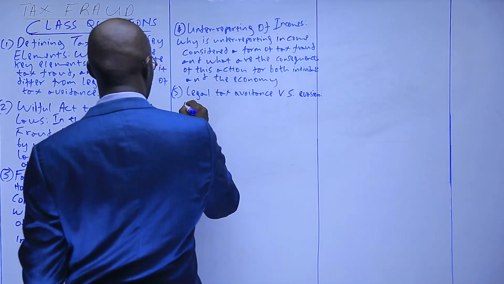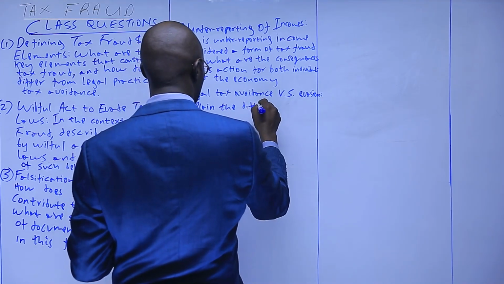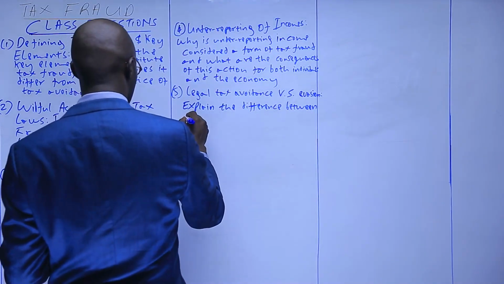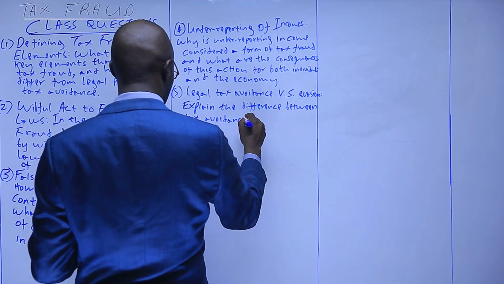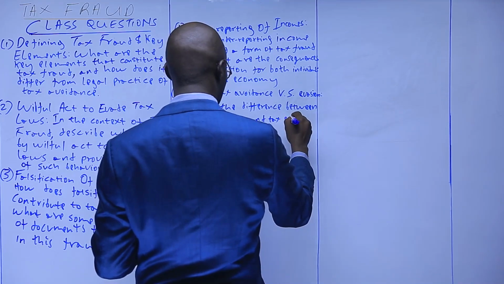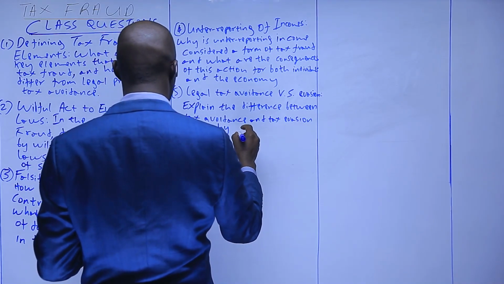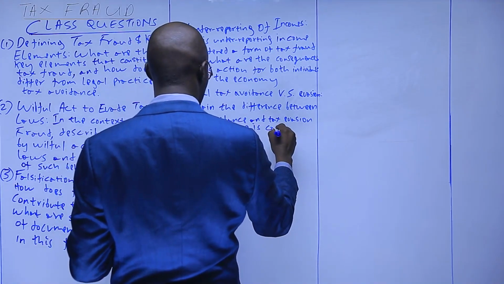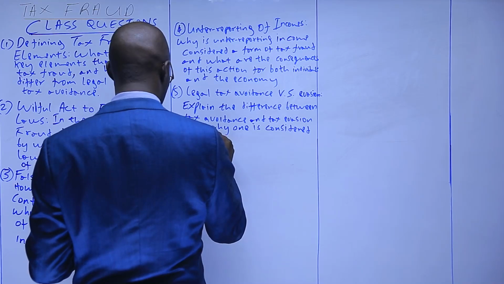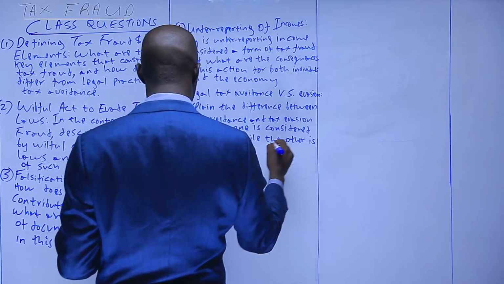Explain the difference between tax avoidance and tax evasion, and why one is considered lawful while the other is a criminal offense.